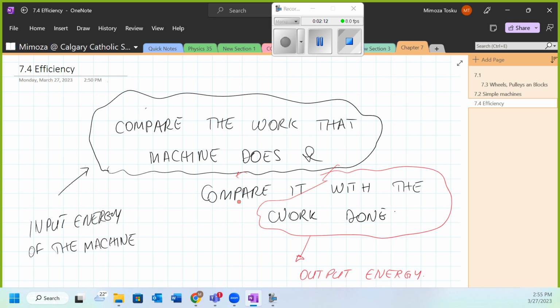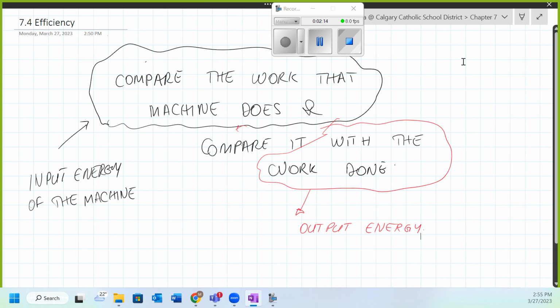Energy and work are interchangeable with each other. If you are saying energy, then you mean work. If you are saying work, then you mean energy. They are interchangeable with each other.